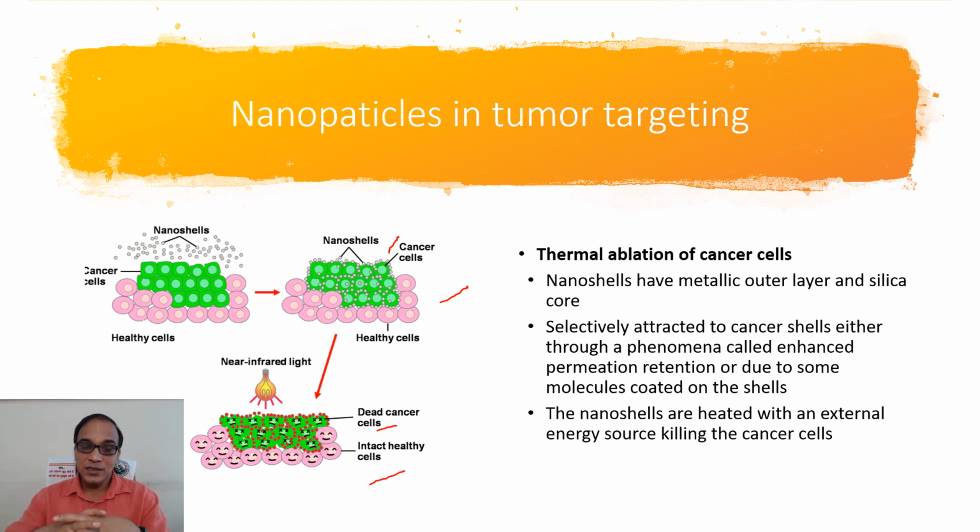As you can see, the healthy tissues are smiling. The cytotoxic effect is less for the healthy tissues. Otherwise, in non-specific drug delivery, the healthy tissues also get the cytotoxic effect. So this is the beauty of the nanoparticle, that it can target the tumor very selectively and kill it.